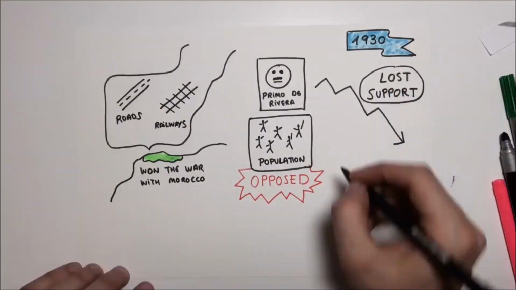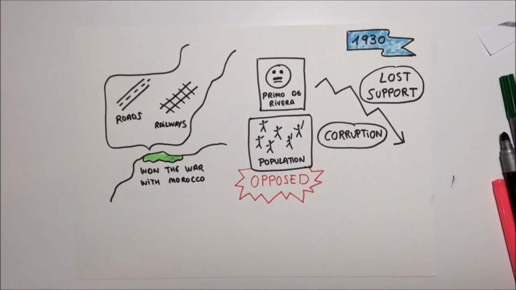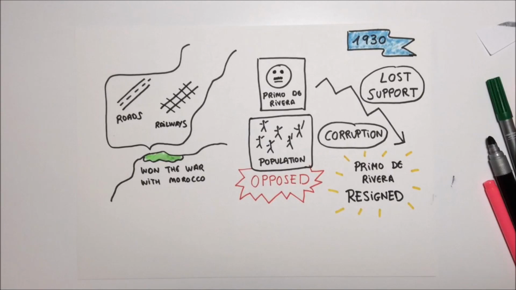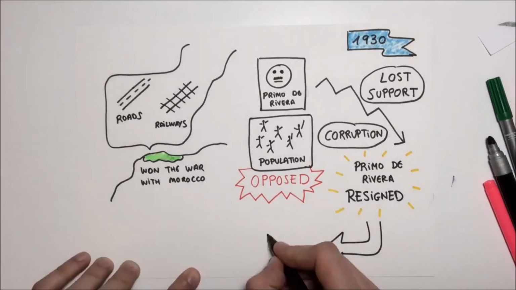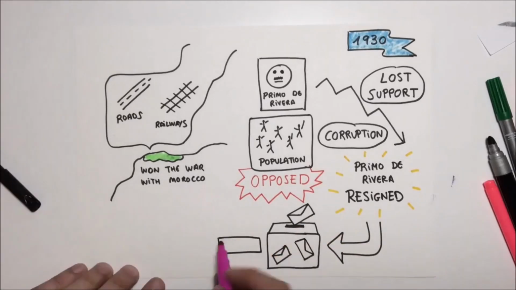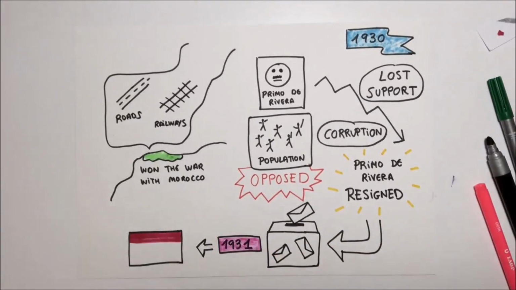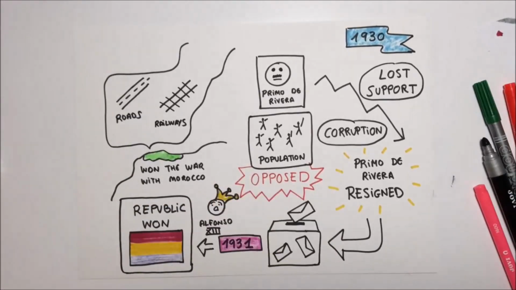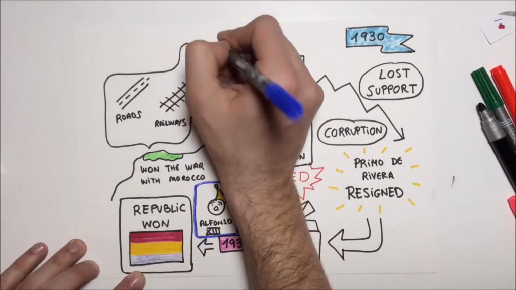In 1930, Primo de Rivera has lost the support of the king. Also, some matters of corruption, so he had to resign. The general elections were held in 1931. The political parties that supported a republic won, and Alfonso XIII went to France into exile.